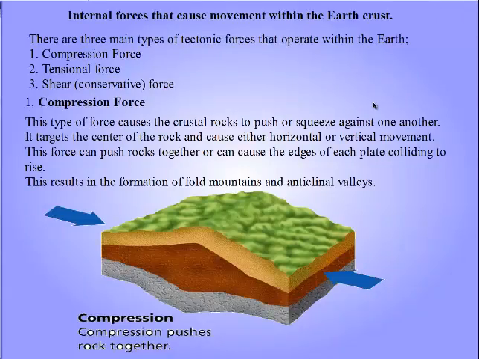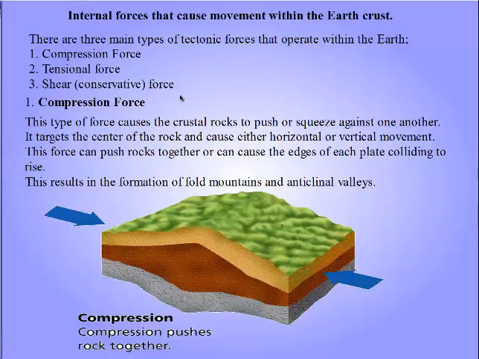There are three main types of tectonic forces that operate within the earth. They are compression force, tensional force, and shear or conservative force. So first, let's look at the compression force. It is a force that causes the crustal rocks to push or squeeze against one another.